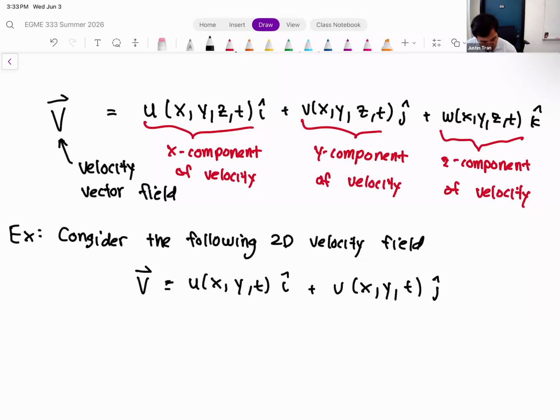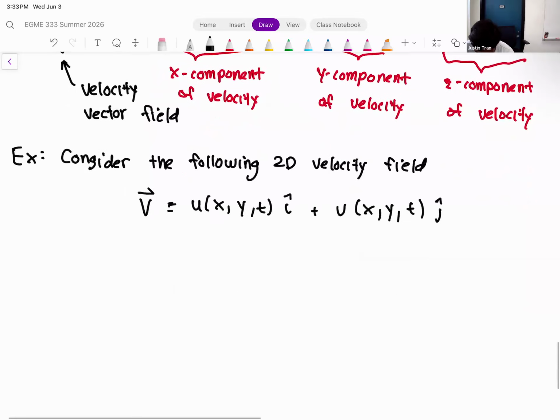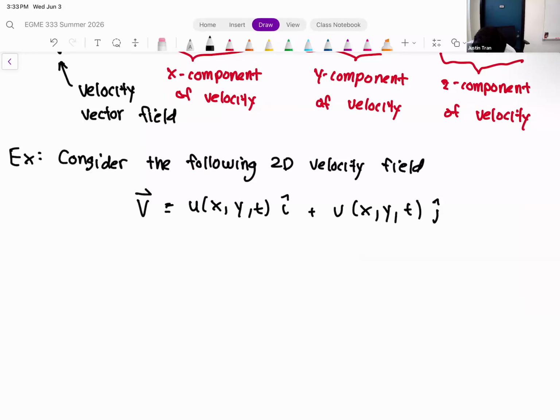And so for this particular problem, let's say that our velocity field is equal to minus x i hat plus 1 j hat. So that means our x component of velocity u of x, y, and t is equal to minus x.